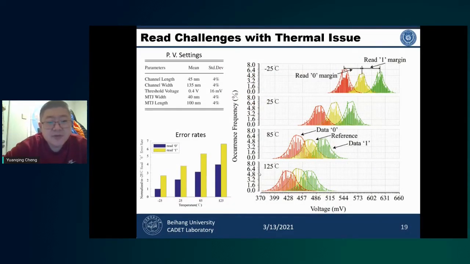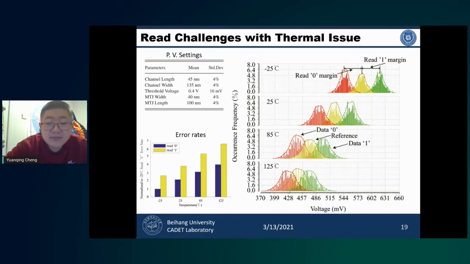Except for the thermal variations in the environment, in the fabrication process, there are also some process variations. So we also combined the process variations with the thermal effect to evaluate the thermal impact on the read reliability of STT-RAM.